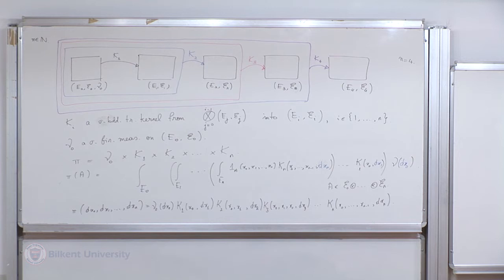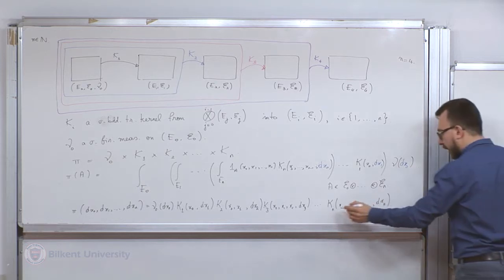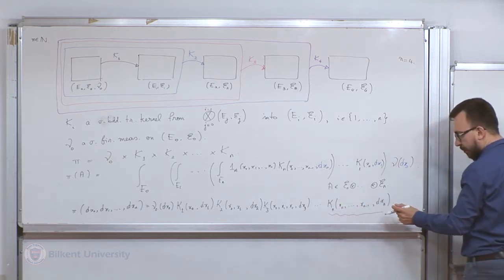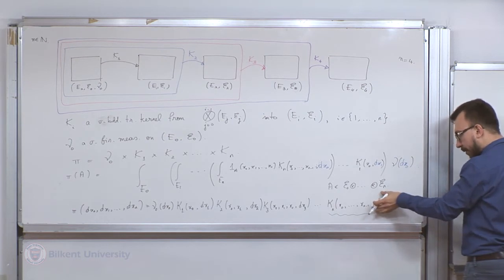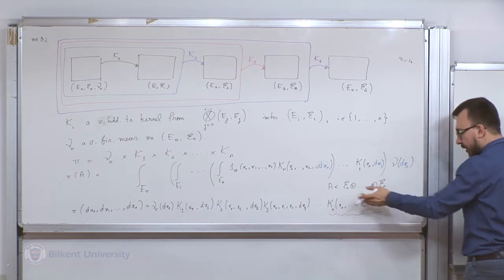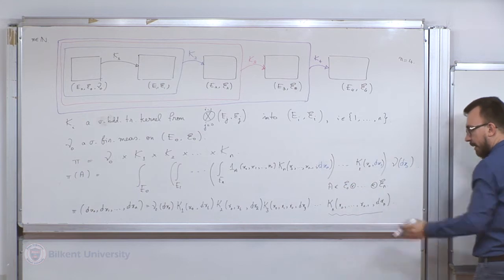Of course, this is going to be more meaningful when we talk about conditional distributions. Right now, we don't know anything about conditional distributions, but these are going to become the conditional distribution of the last component given the components from 0 to n minus 1.